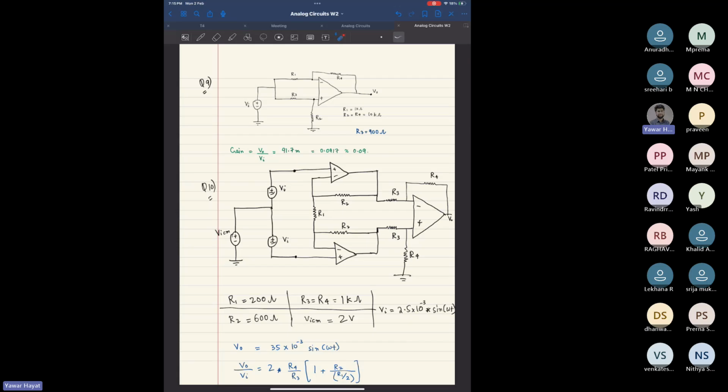This is what I left for you, right? Values of R1, R2, R3, R4, these resistor values are provided, they're given. VICM is 2 volt here. Now V input is this much. How would you find VO by VI for this one?